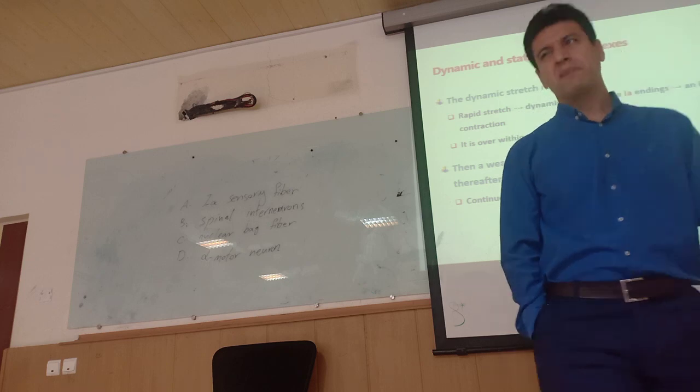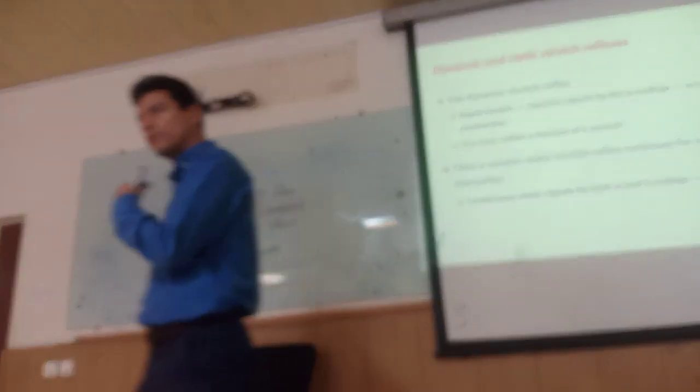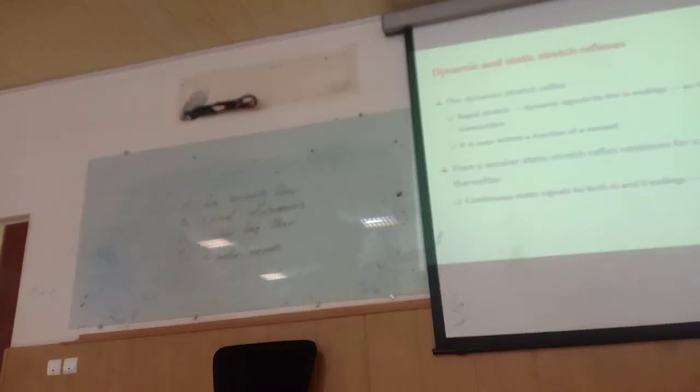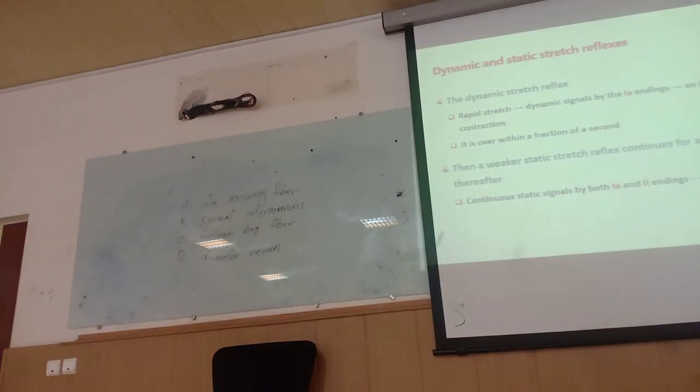Yeah, so maybe somehow. Actually, this is not a very good question, but I told you that for the dynamic response, we need 1A fibers. 1A fibers go to the spinal cord and they can directly synapse on alpha motor neurons. So there is no need for interneurons. But type 2 fibers go to the spinal cord, then they make synapses with interneurons, and interneurons activate alpha motor neurons.